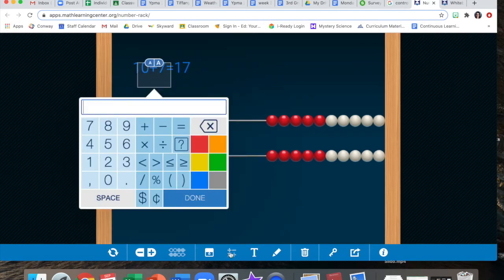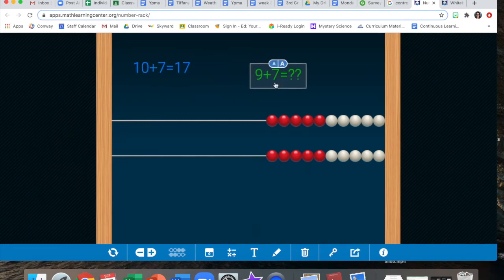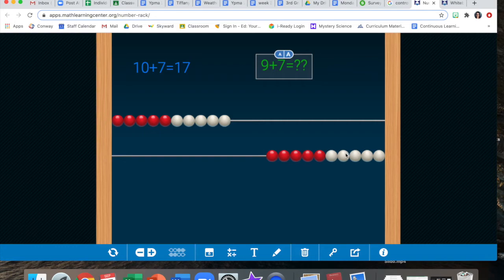And we'll do 9 plus 7, which equals, we'll figure that out, in green. Okay, so here was 10 plus 7, like we saw before, and that equaled 17, 10 and 7 more. Well, 9 plus 7 would just be one littler.